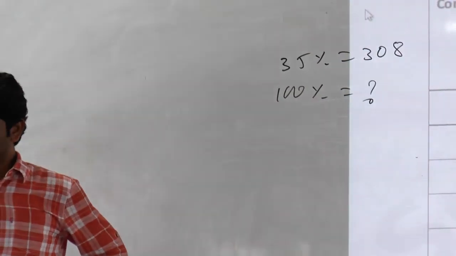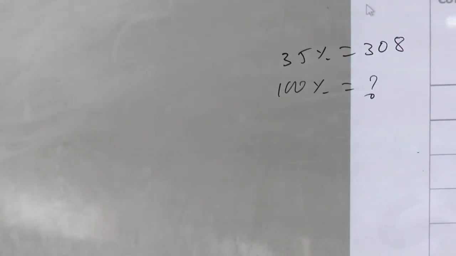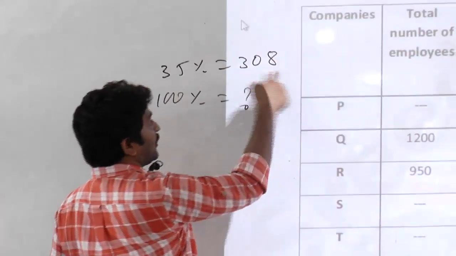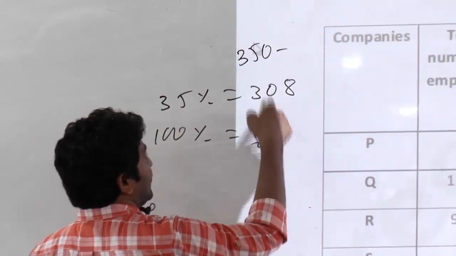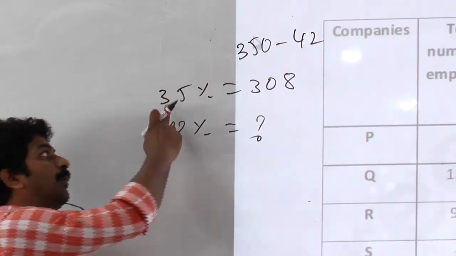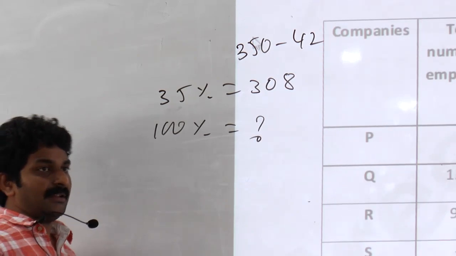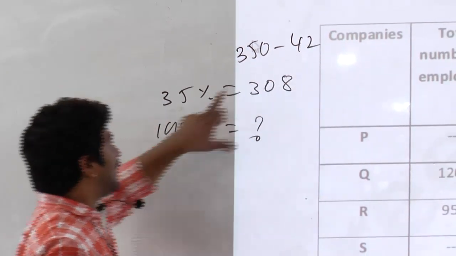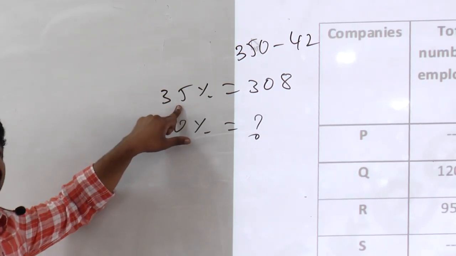What about 10 times of 35? 350. But 308 is 42 less than 350. One time of this number is 35, but still you need to subtract 7 more. How will you get 7 using this? Divided by 5.